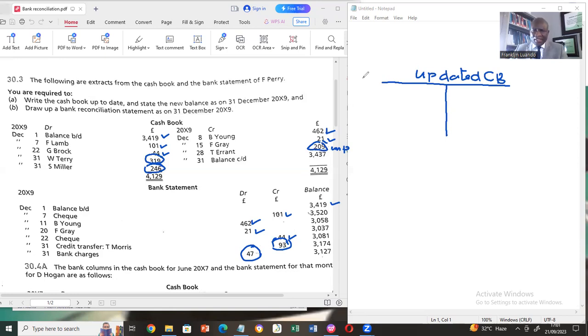So we have the debit side and credit side. You don't need to rewrite the whole cash book. You start with a closing balance. This closing balance is on the credit side. When you bring it down, it will be on the debit side. So that is the balance brought forward. The balance brought forward there is 34,37.